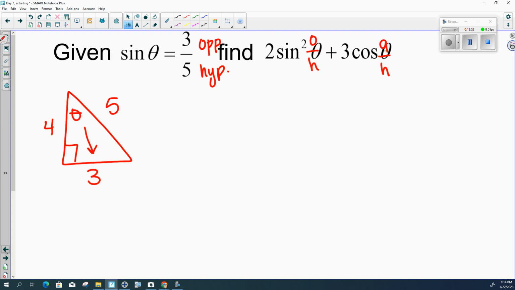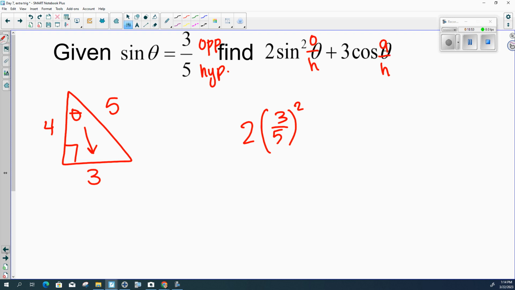So once we do this, we just start with the equation. 2. Instead of writing sine of theta, we're going to find it. So opposite over hypotenuse. And then it has this to the power of 2. So we're replacing it with the fraction.